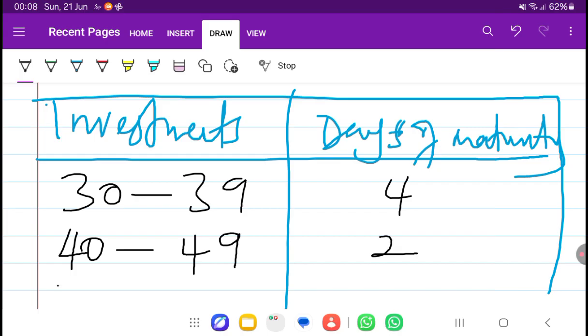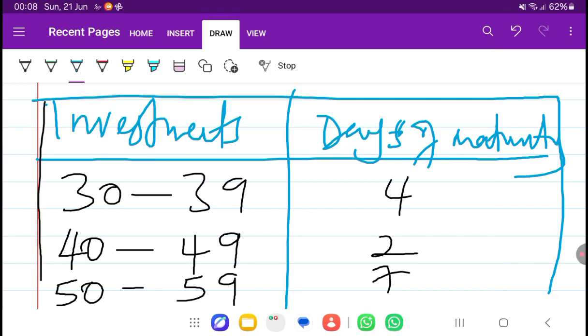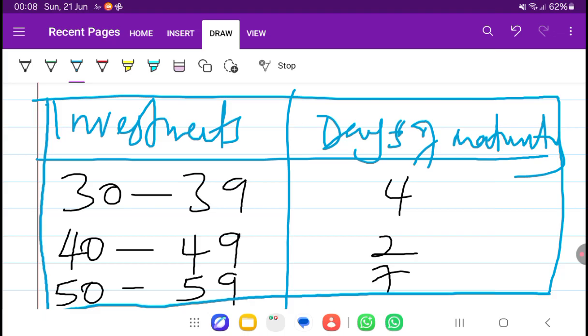Maybe you can conclude with 50 to 59. Maybe this is 7. And that's the class that we have. That's our grouped frequency distribution.